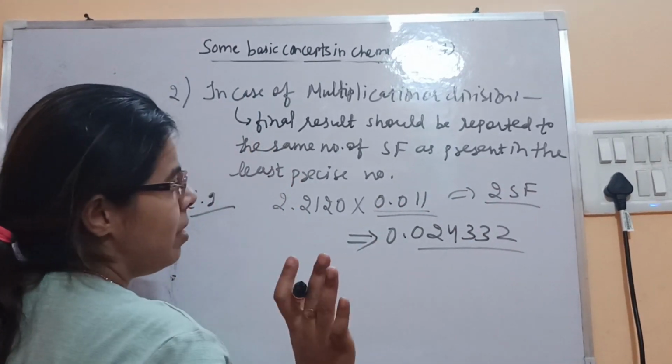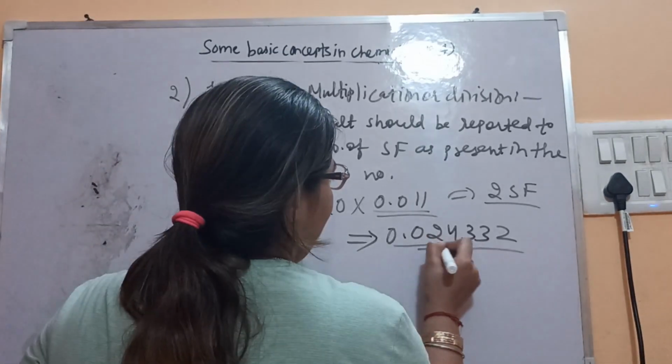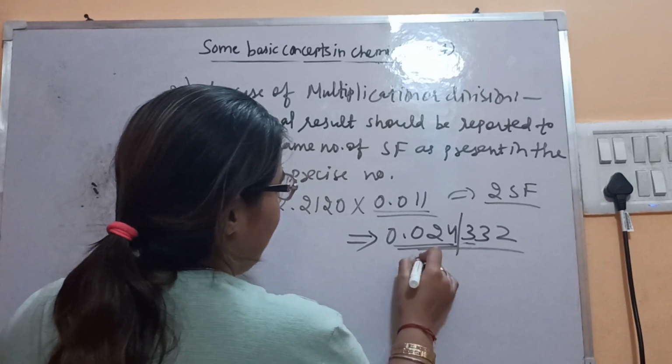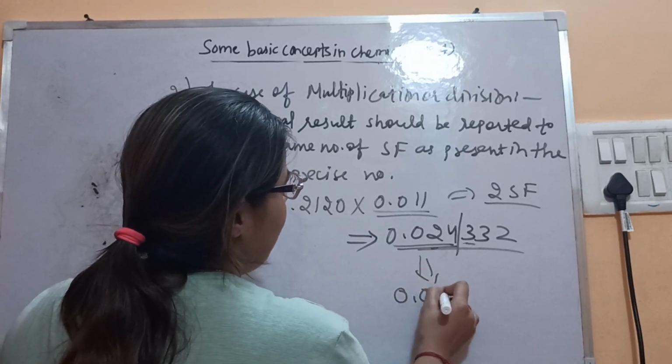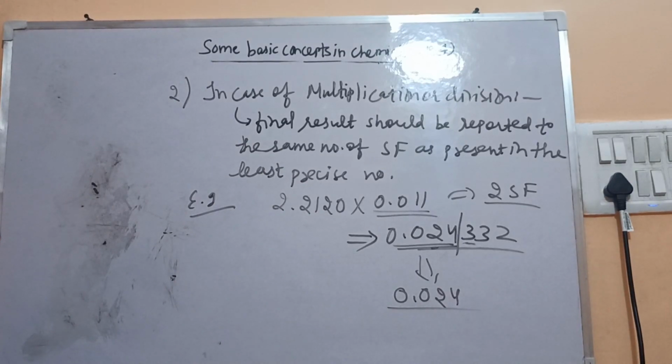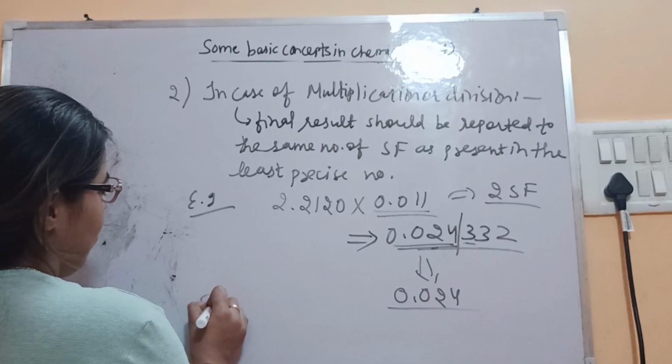So you have to report the result up to 2 significant figures, means up to here. The digit to be dropped is less than 5, so it will remain unchanged. So your answer is 0.024. Correct?